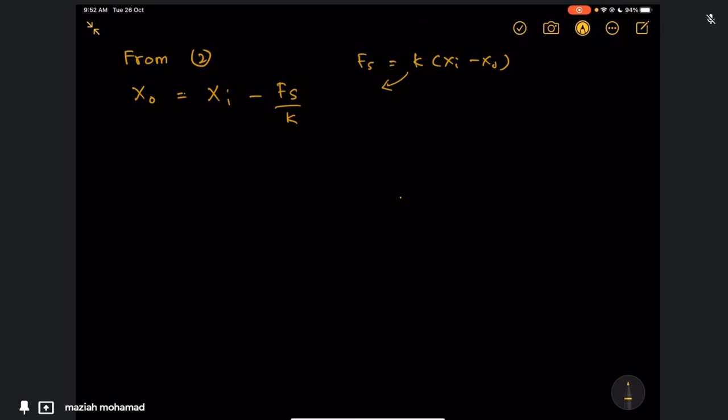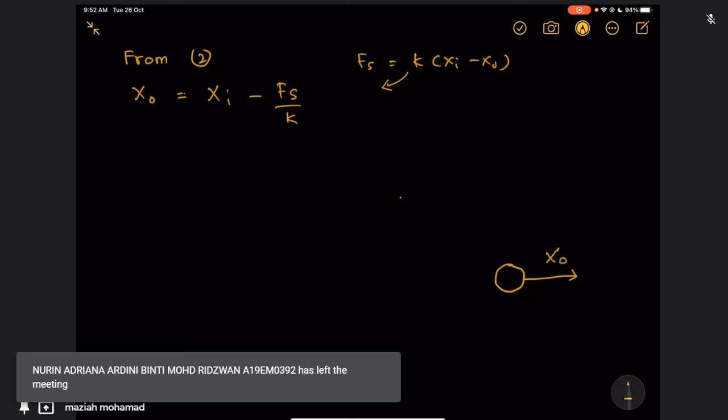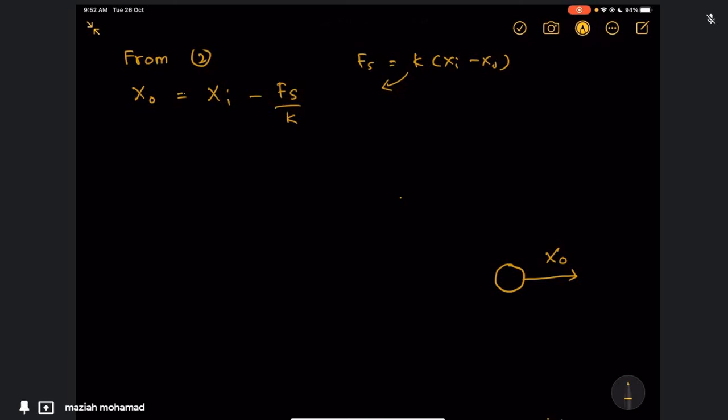Okay, so from this equation, we can see that the operation is a minus operation. So meaning we're going to draw a summation point. So let's draw a summation point. We know the output is x naught, and there will be 2 inputs, which is xi, and then a term of fs divided by k.